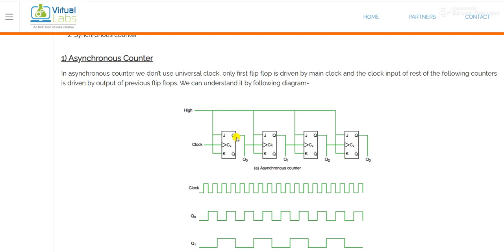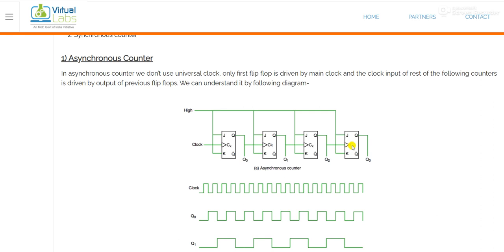Okay, so the previous flip-flop is this one and the output of this flip-flop, that is Q, is connected to the input of the next flip-flop. In the same way, this flip-flop is the previous flip-flop for this flip-flop, and for this flip-flop this will be the previous flip-flop. Okay, so the output of this flip-flop is connected to the clock, output of this flip-flop is connected to this clock.